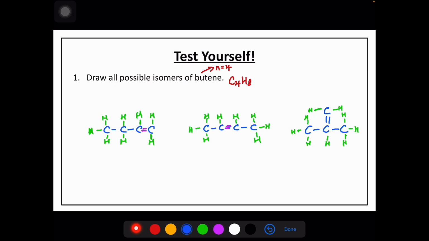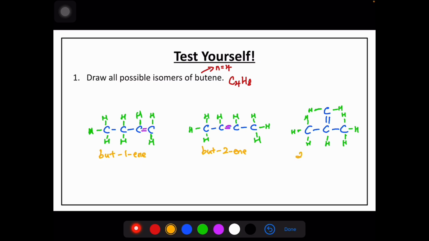So in terms of the name, just additional info for you to take note of, how do we actually differentiate their naming? The first one that is shown over here, in chemistry we call it but-1-ene. The second one we call but-2-ene. The one on the extreme right side, let me think through the name.